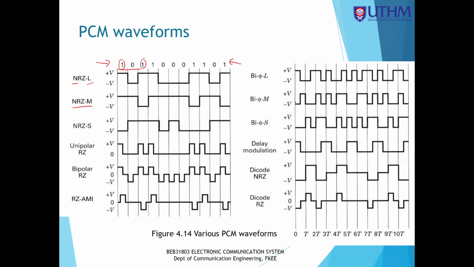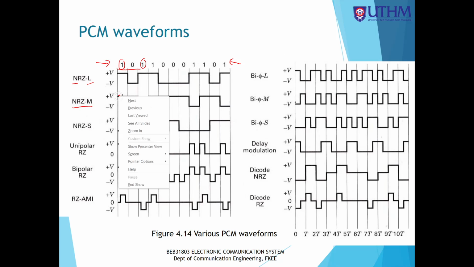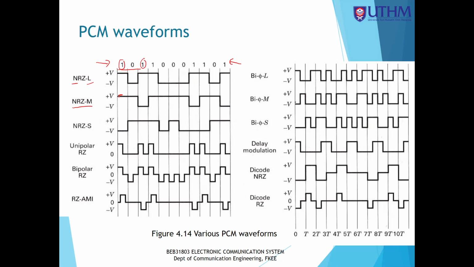Okay, M for mark. So what happened is that NRZM dia akan berlaku transition setiap kali adanya input 1. Okay, setiap kali ada input 1 maka akan berlaku transition compare to the previous bit. Contoh for example here pada awalnya adalah positive voltage.